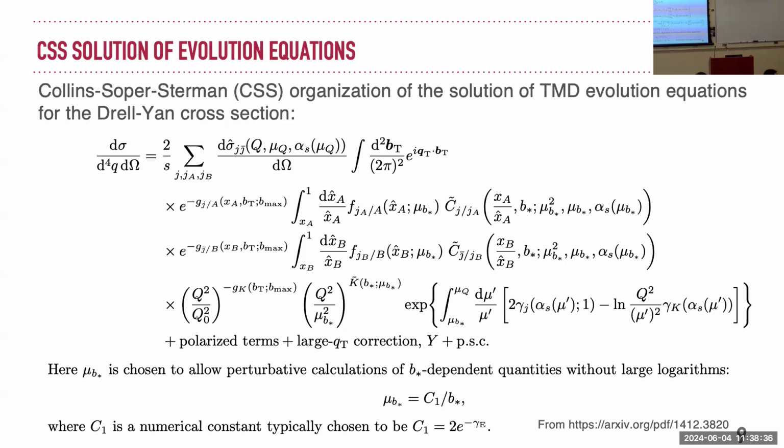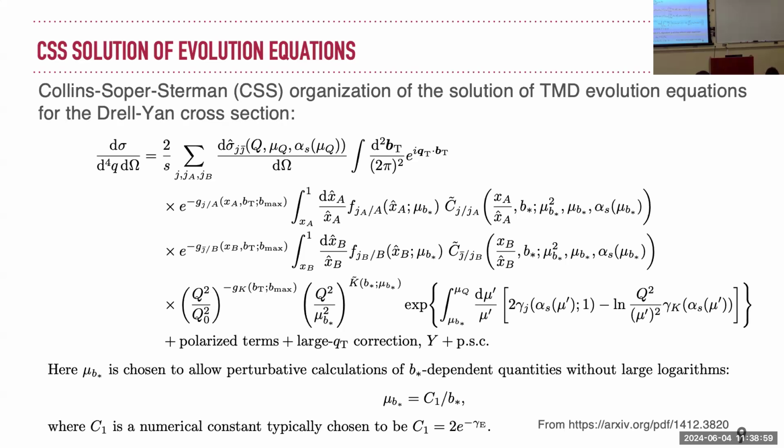After all, we all do the MS-bar prescription, and that's the typical coefficient of the MS-bar prescription. It's not far from 1, it's 1.12. So 2e to the minus gamma_E, where gamma_E is the Euler gamma, over b star is called mu b star.